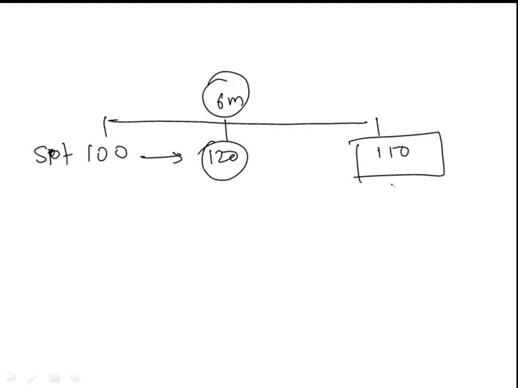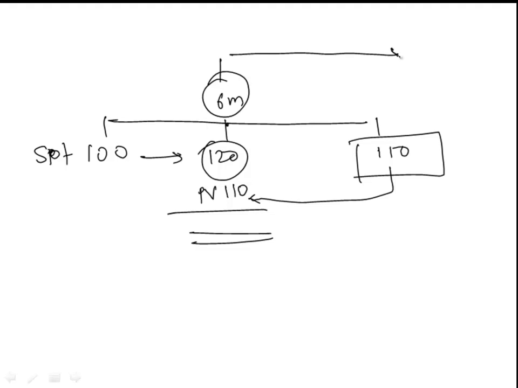One way that we have done is that we took the present value of this 110, we said 120 minus the present value of 110, and the differential was your value. Another way of doing it is that if the spot price is 120, I can find out what should be the 6-month current forward price available in the market. Correct? So I'm making an approximate guess here.